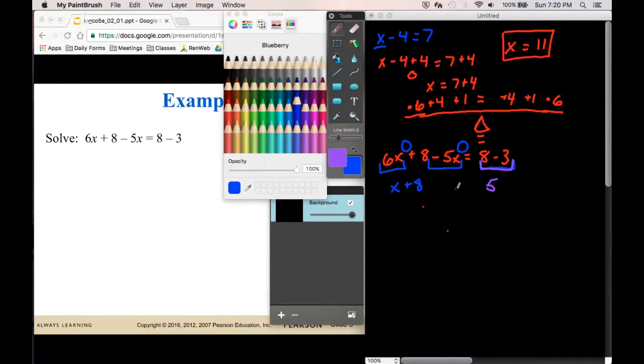So now you can go back to your original equation with your simplified form, and you have an x plus 8 on this side of the equation equals 5. Now you need to get the x by itself in order to solve. So you're going to subtract 8 from both sides, and you get x equals negative 3.